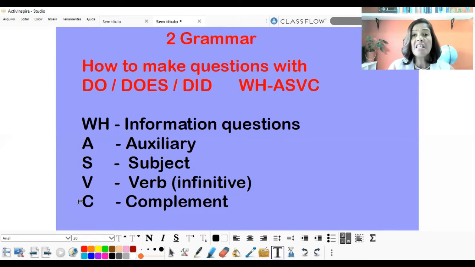And C for complement, if there is a complement, okay? So this order is very important. So for simple present and simple past, okay? Let's see if this order really works. Será que essa ordem realmente funciona? Let's go, let's see.